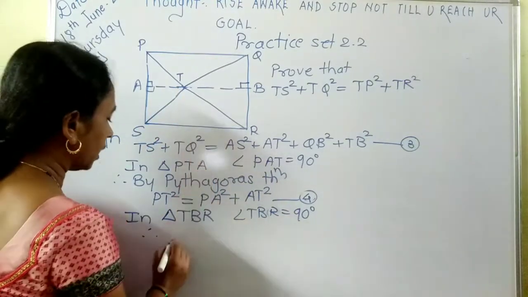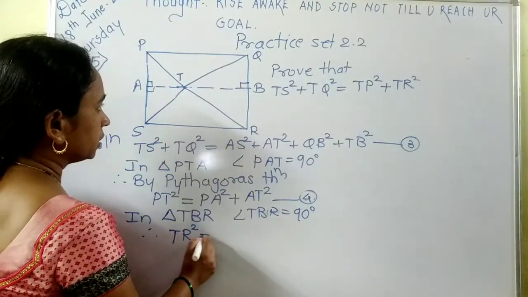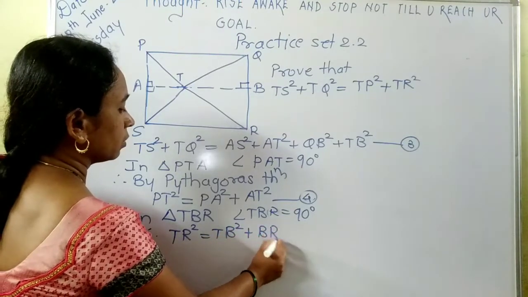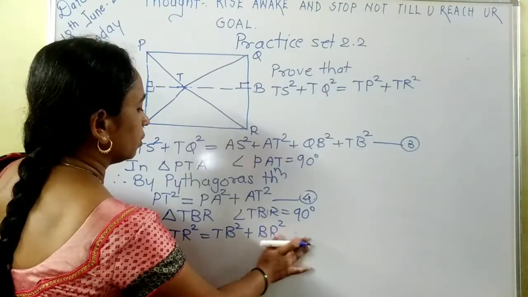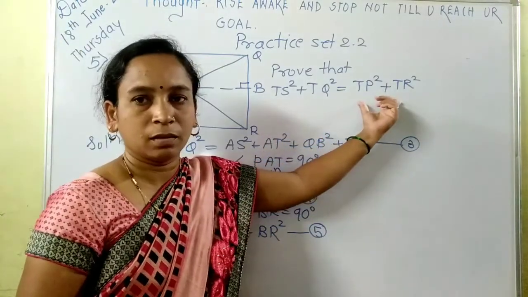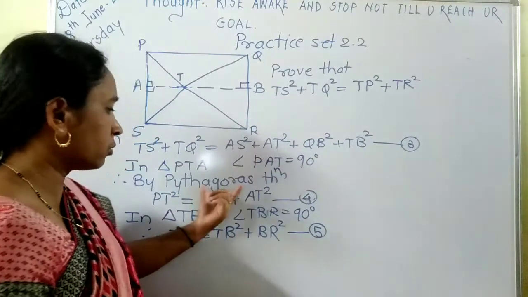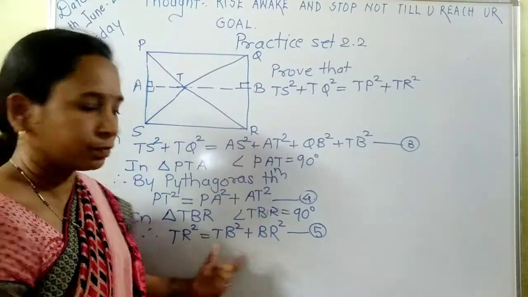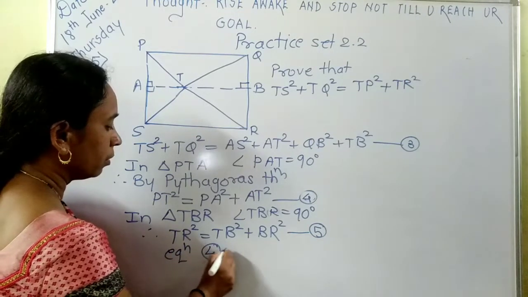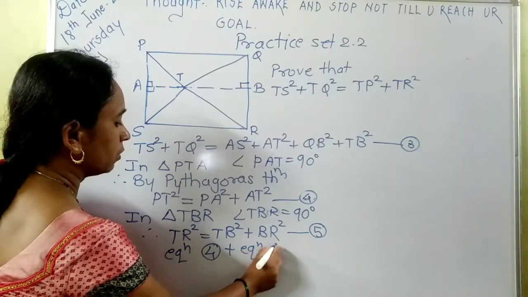I will get TR square is equal to TB square plus BR square. And this is nothing but the fifth equation. So to get this one, I have to add the fourth and fifth equations, equation 4 plus equation 5.